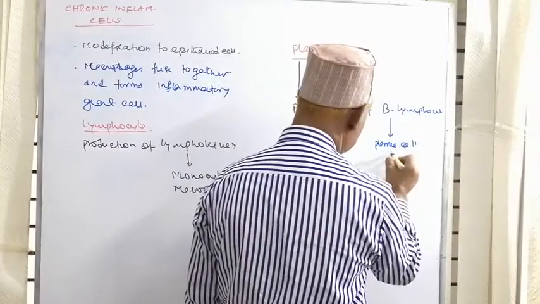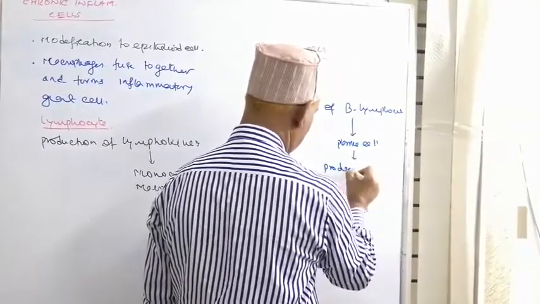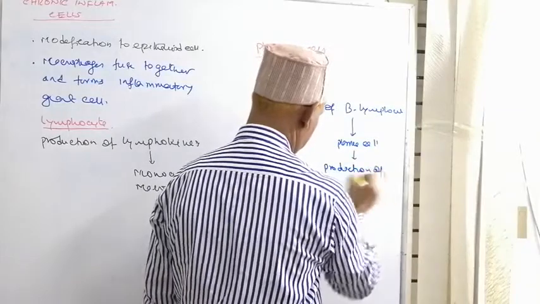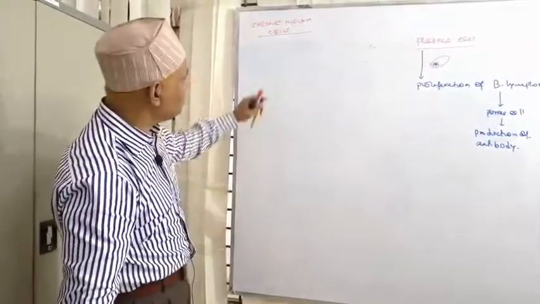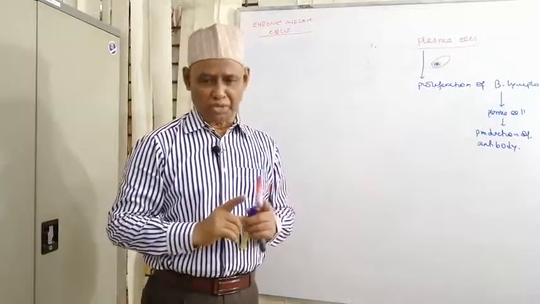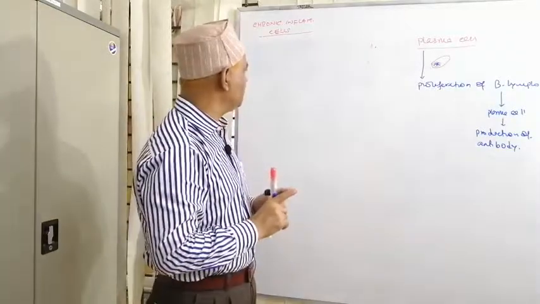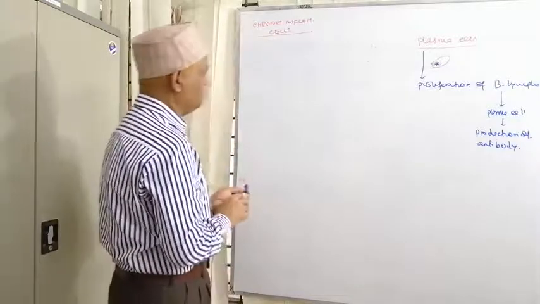And the role of plasma cell, production of antibody. Dear audience, among all chronic inflammatory cells, lymphocyte is the hallmark of chronic inflammation. Again, we can recapitulate. Lymphocyte is the hallmark of chronic inflammation.